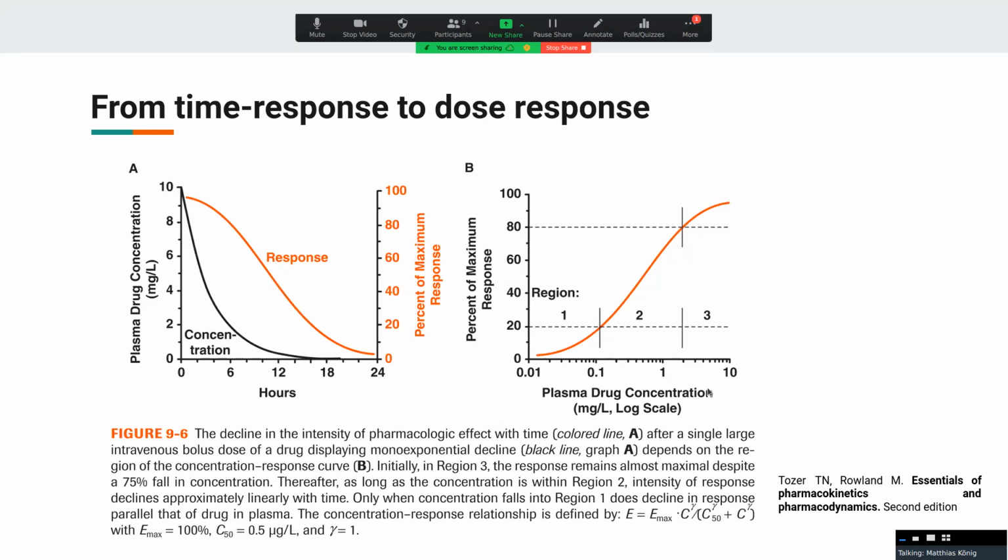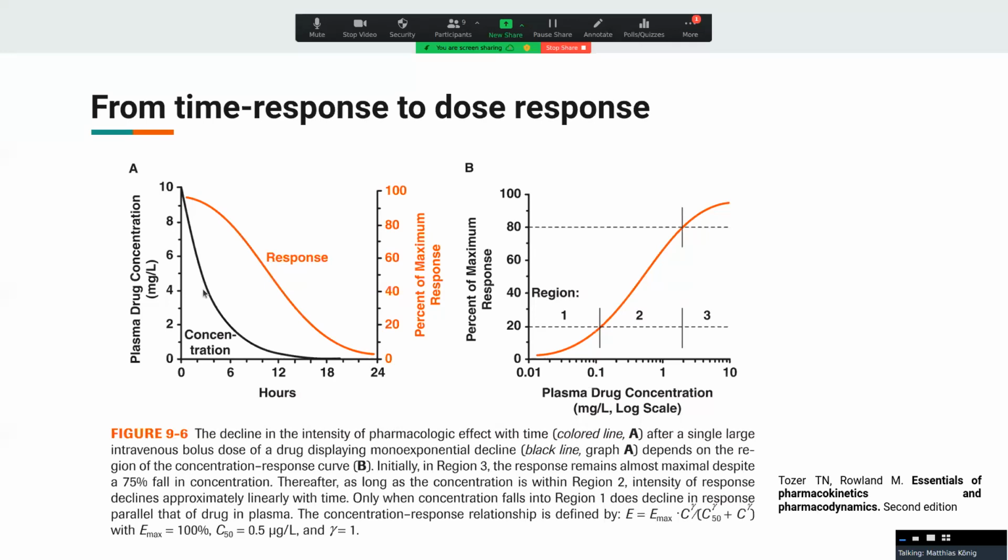Look at the logarithmic axis: until a concentration of 1 milligram per liter, you don't see much response, and that's why this response curve is pretty flat here. And then you have a range in the dose response curve where you see a pretty linear effect, a parallel change in the response to the concentration.